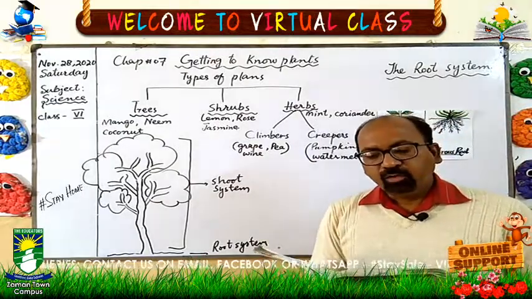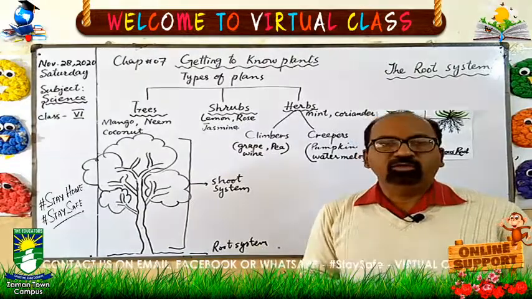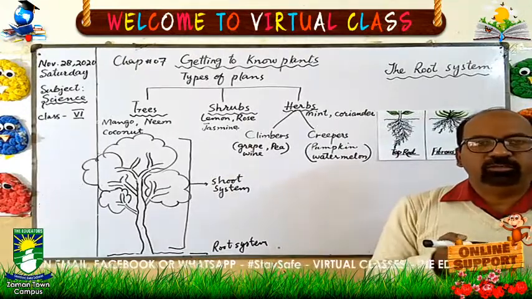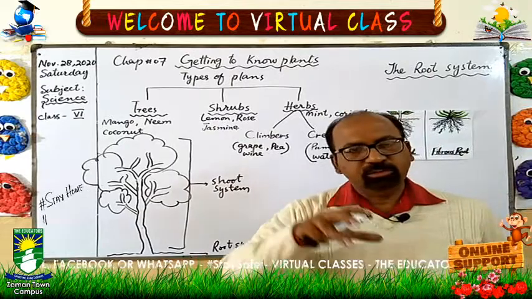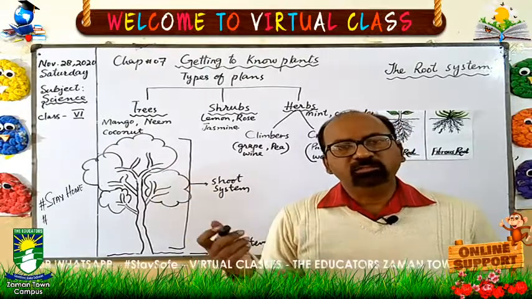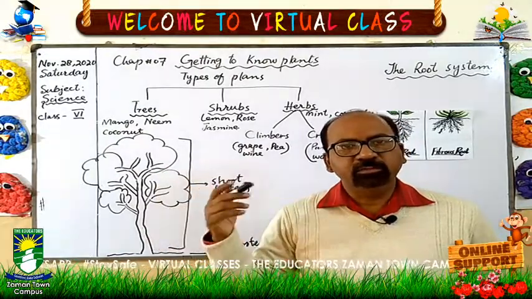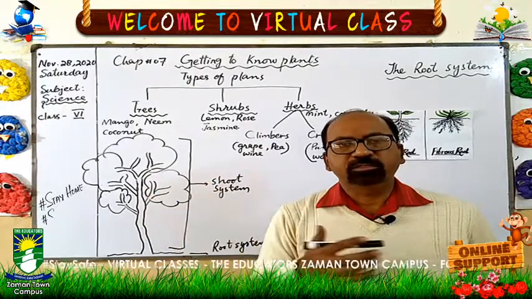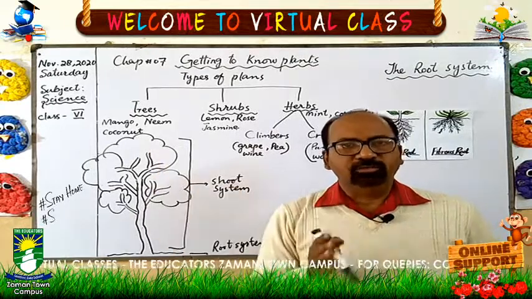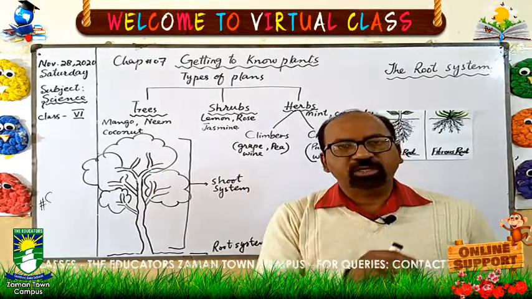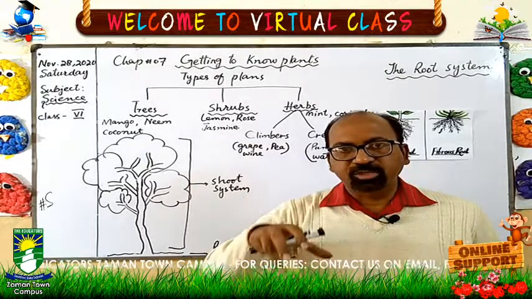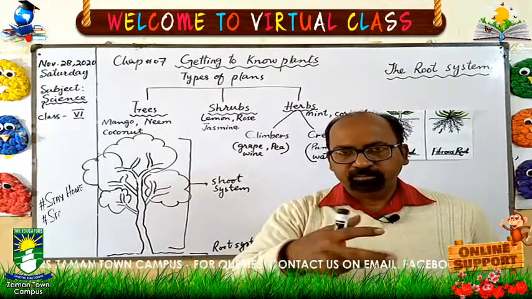Number 3, roots check soil erosion. Check soil erosion means they help to reduce soil erosion, because when the roots are strongly firm in the ground, if a flood comes, because soil erosion is mostly done due to floods, they reduce the speed of the water, and the soil is not washed away due to the roots, because the roots firmly hold the ground.